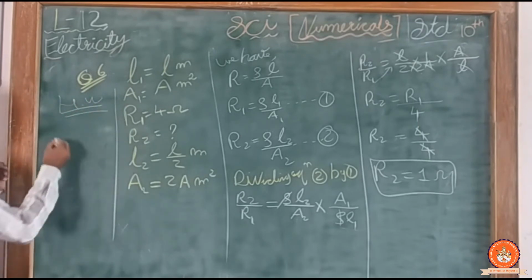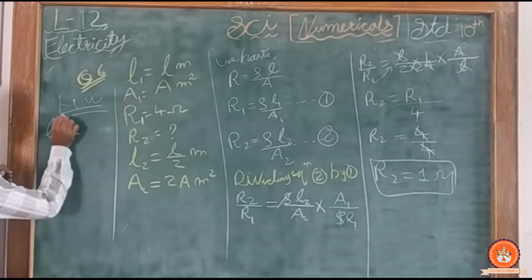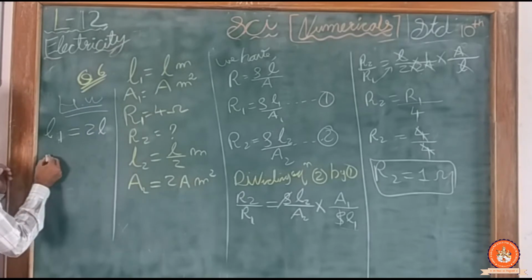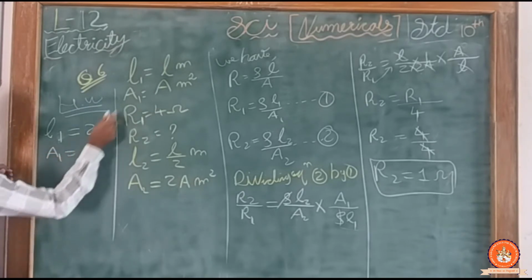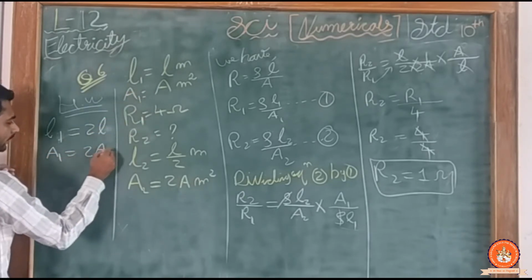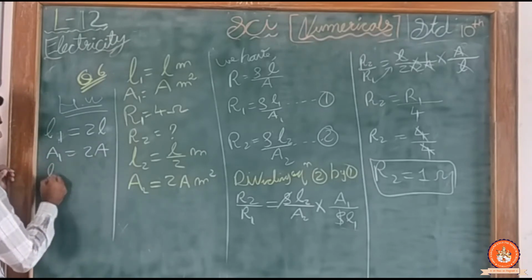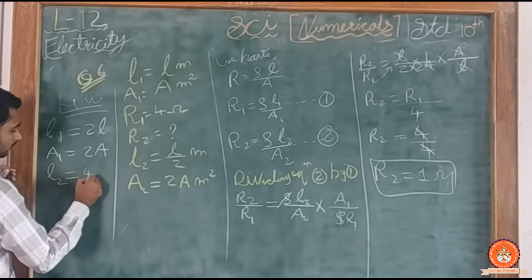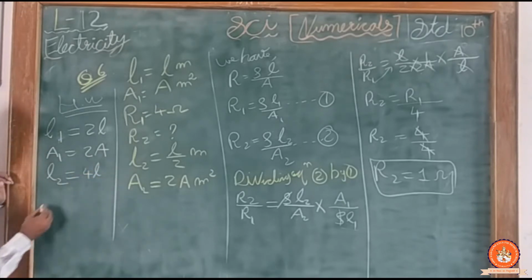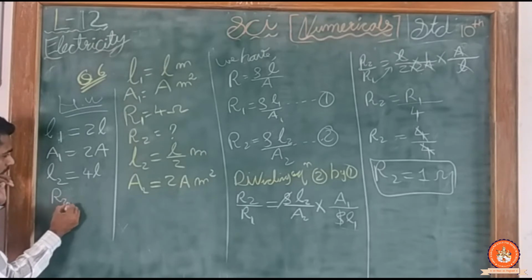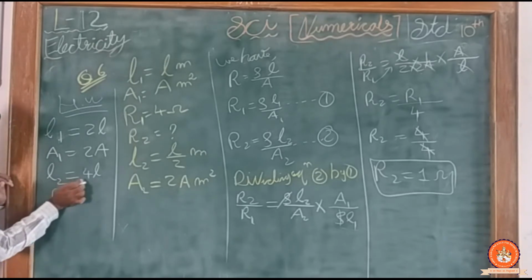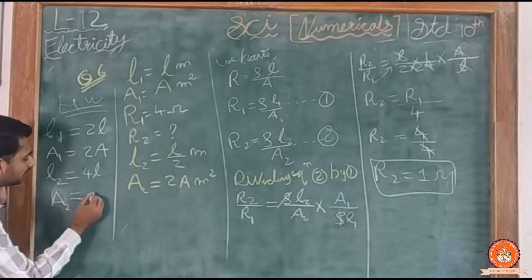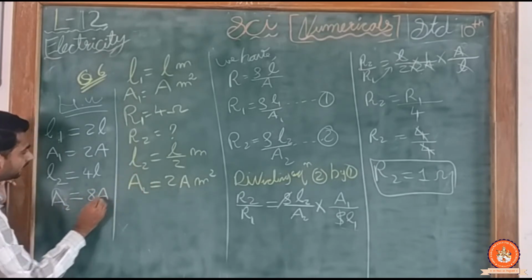you have to do, taking the value of L1 as 2L. Okay, A1 is equal to 2A. Clear? L2 is equal to 4L and A2, ठीक है, A2 लोगे आप, A2 will be 8A.